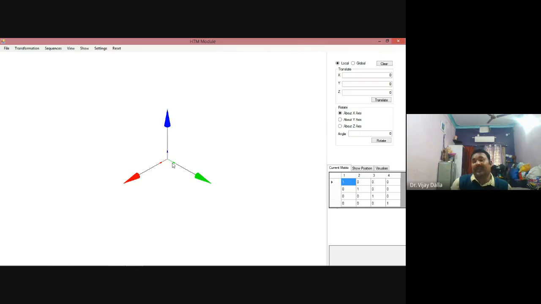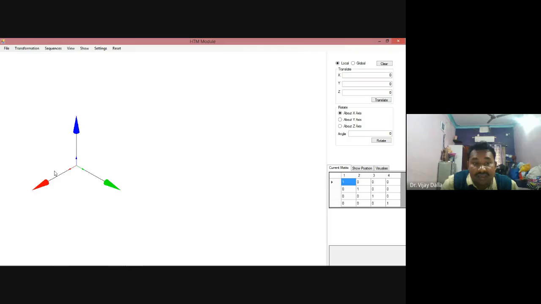Suppose we are going to measure with the base of the robot somewhere else. Here is one coordinate system, and here is another, and this is the base of the robot. We want to know the coordinate system at the last link of the robot tip.